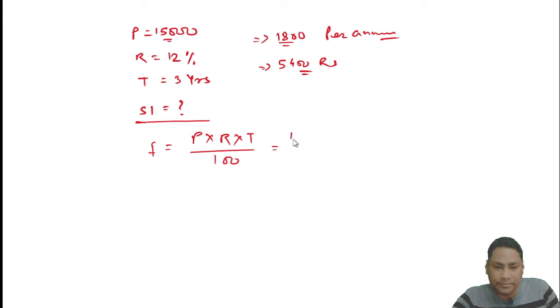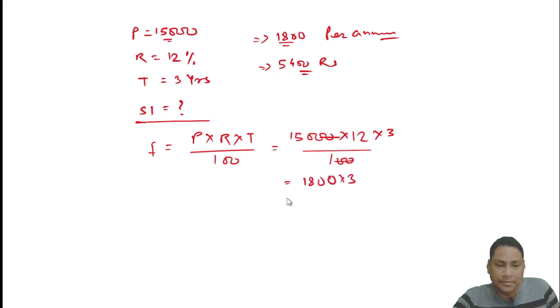The principal is 15,000, the rate of interest is 12, time is 3 years, divided by 100. 15 into 12 is 180, so 1,080... 1,800 into 3, that is 5,400 rupees. So friends, this is the method to solve this type of problem. Let us move ahead.